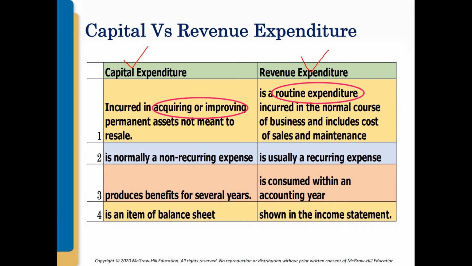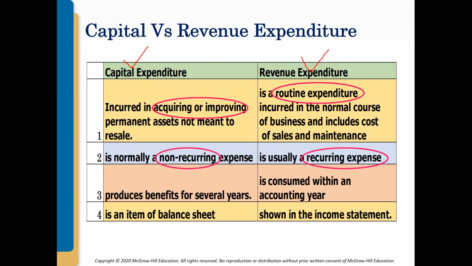And capital expenditures are normally non-recurring expenses. And revenue expenditures are normally recurring expenses, meaning they happen again and again.